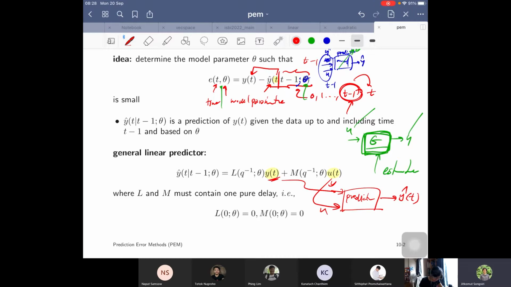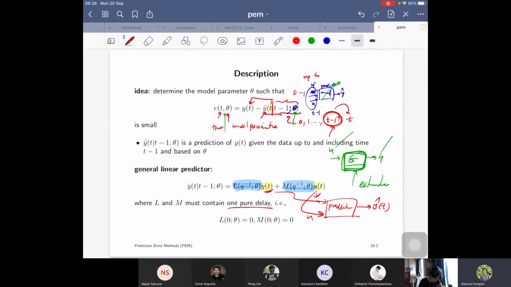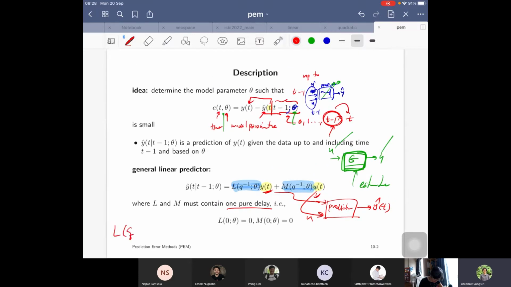We apply these two inputs to two filters or transfer functions, L and M. They have a very important requirement: L and M must contain one sample delay. In this notation, let me remind you that L is a function of the delay operator. q inverse is called the delay operator or lag operator.